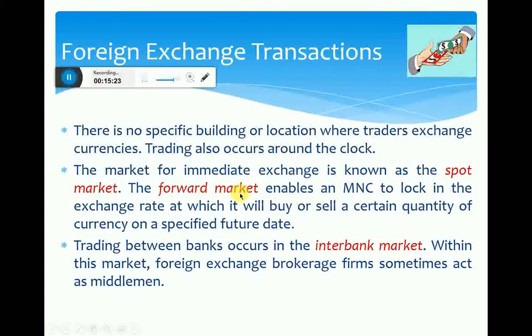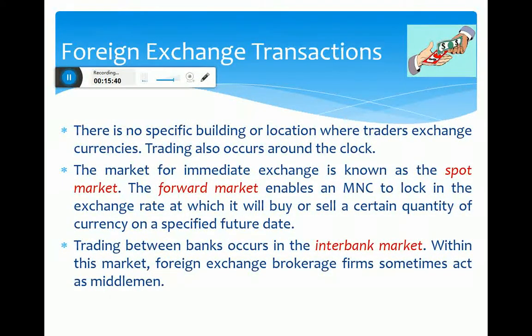In the forward market, multinational corporations basically lock in an exchange rate at which they will buy or sell a certain quantity of currency on a specified date in the future.